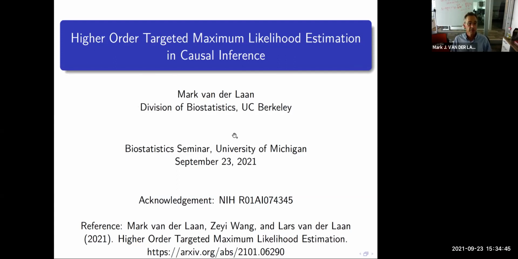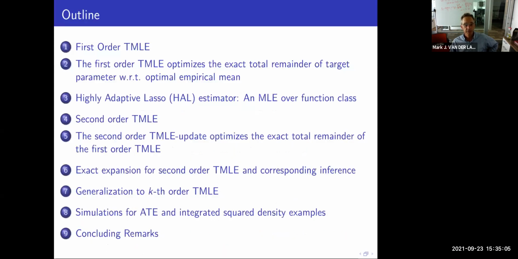Yeah, so today's talk is about an advance within the framework of targeted maximum likelihood estimation I've worked on over the last years. And there is a reference for a tech report on this topic. So the outline of this talk is I'm first going to explain what regular TMLE is, which I now call in this talk first order TMLE.